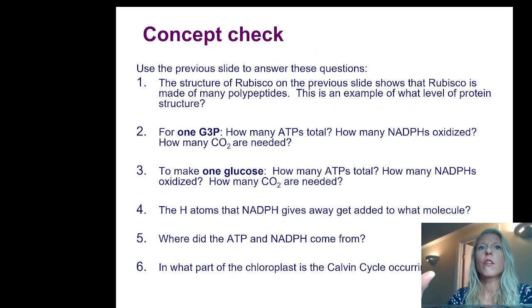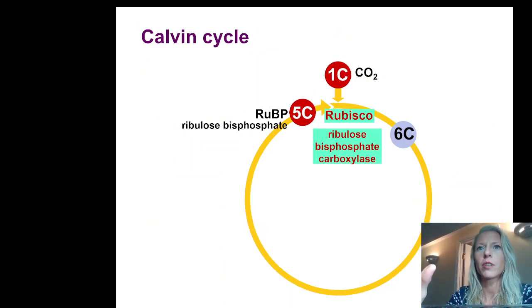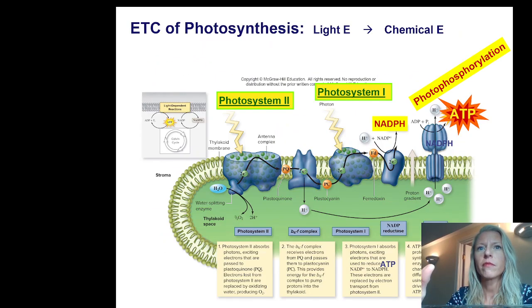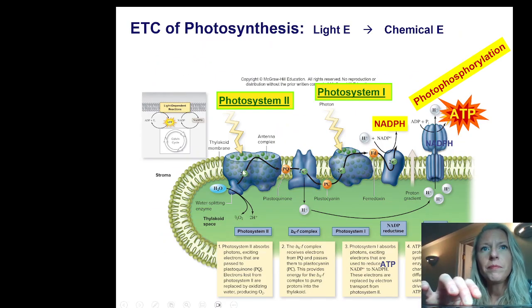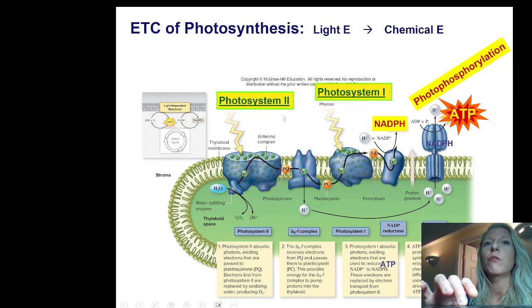I'm going to walk through this one more time. Remember, photosystem 2 and 1 are kind of backwards because we discovered photosystem 1 before photosystem 2.